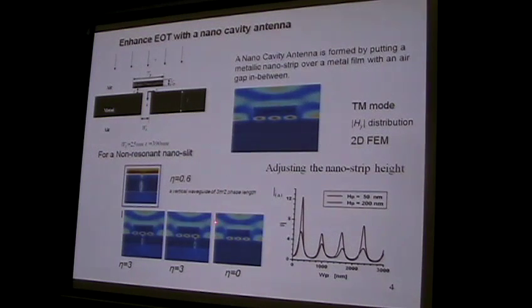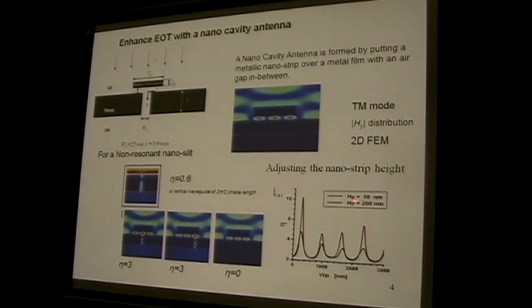And then we can even adjust the geometry of this gold nano layer, like the length and thickness, and then we can improve further. The efficiency can even go to like 12, and that is like 20 times enhancement compared to without this gold nano layer on the top.